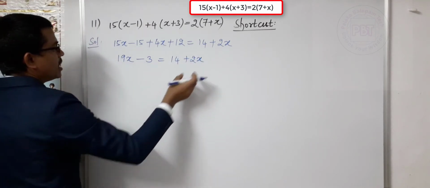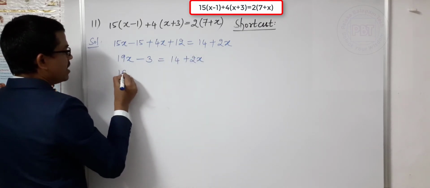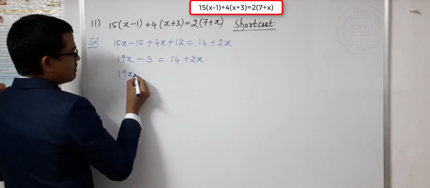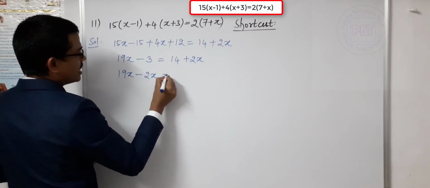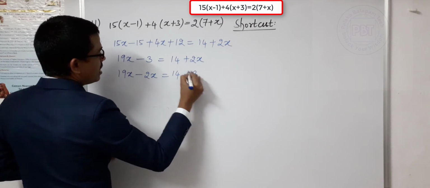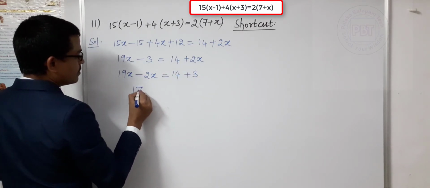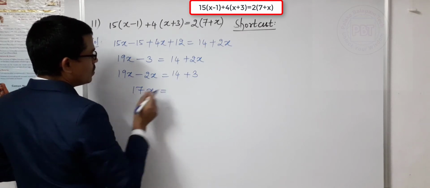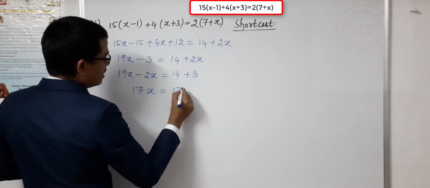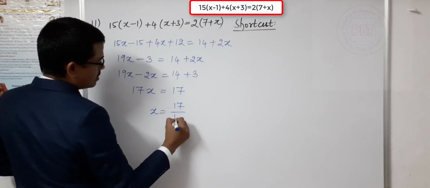Now I am transposing 2x to the left hand side, minus 3 to the right hand side. 19x minus 2x, that equal to 14 plus 3. Now 19x minus 2x is 17x, that equal to 14 plus 3, 17. Now x equal to 17 by 17.